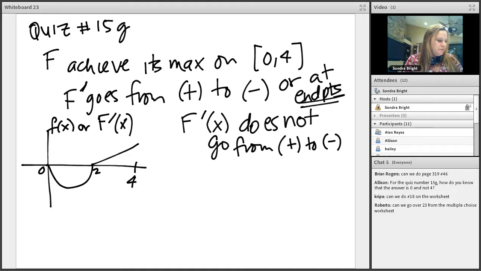So F would have its maximum when it goes from positive to negative, and you're going from a right endpoint of 0, but then your F prime is 0, and then it starts decreasing, and then it's increasing. It wants a maximum value.